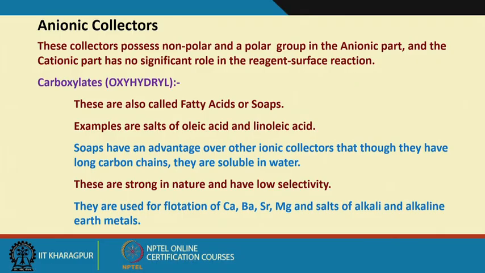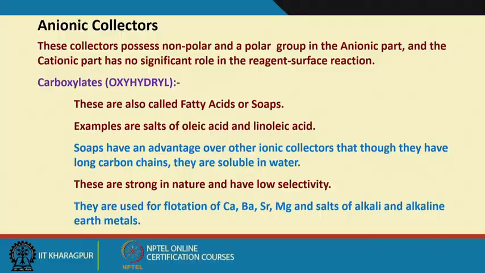That means the collector has an anionic part and a cationic part. In anionic collectors, the anionic part is heteropolar, that it has a non-polar and a polar group, and that is the property we try to use.